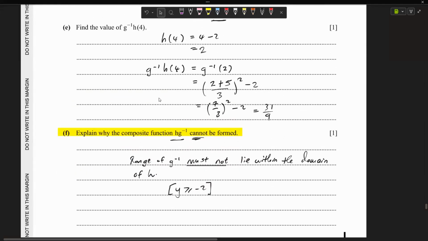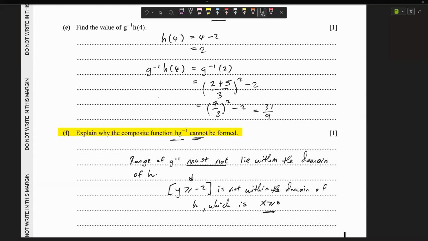So we can say that it does not lie within the domain of h. Values that are greater than or equal to -2 cannot lie in values greater than or equal to 0, because there are values within this that are out of that.